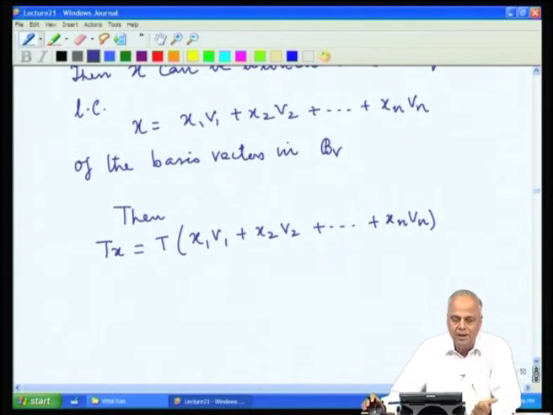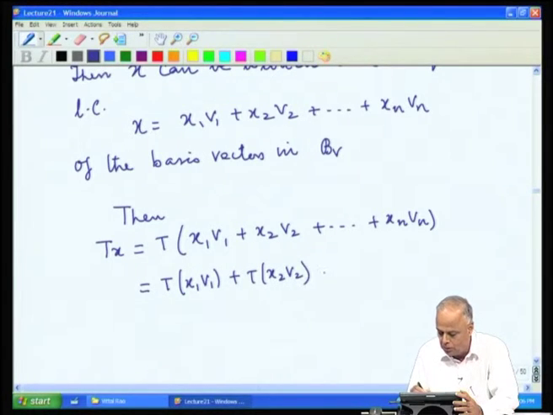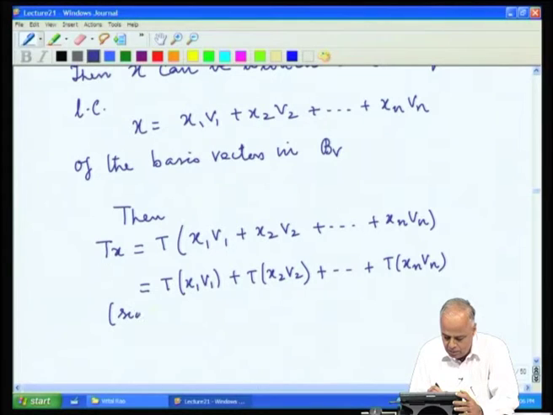So, for a linear transformation, T of a superposition is the superposition of the T's, or T of a sum is the sum of the T's. So, we can write this as T of x1 V1 plus T of x2 V2 plus so on T of xn Vn, since we want T to be linear.